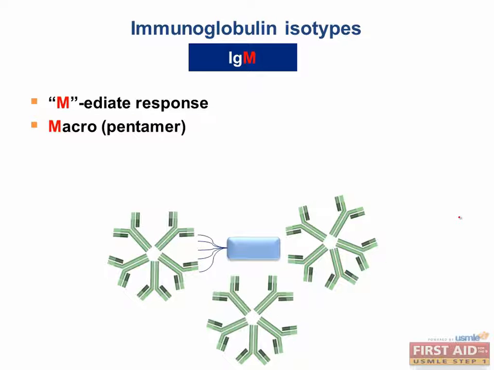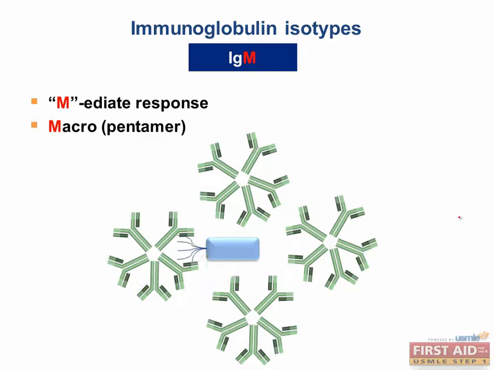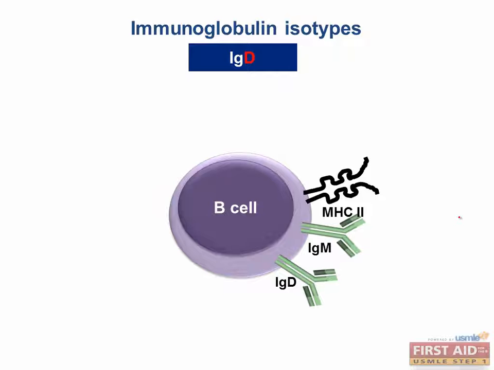It sort of traps pathogens and keeps them hanging around until B cells can start making and class switching into IgG. All right, next one, IgD. Remember, MDs are mature. It's on the surface of mature B cells. But besides that, don't worry about it.